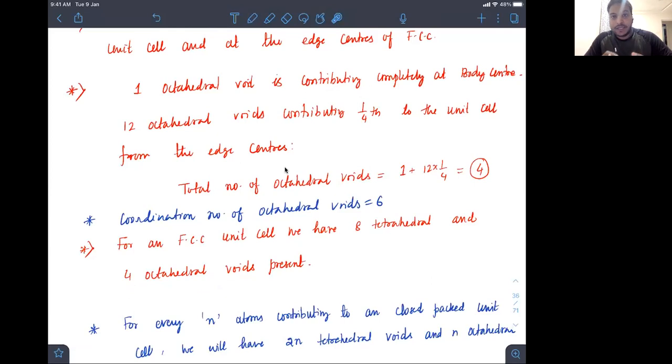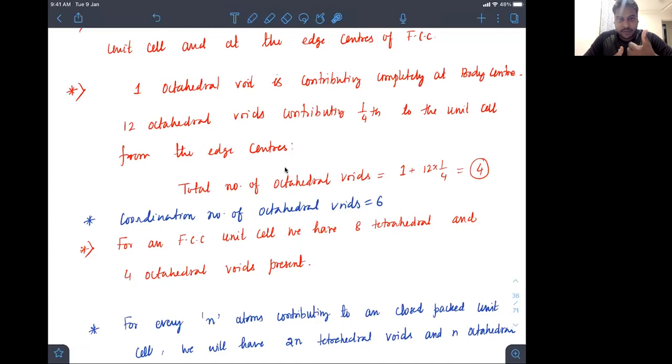Now students, what is the learning? See, when we have close packing, we have seen AB, AB, AB type of packing. We have seen ABC, ABC, ABC type of packing. No matter whether it is AB packing or ABC packing, we will get only 2 types of voids present.